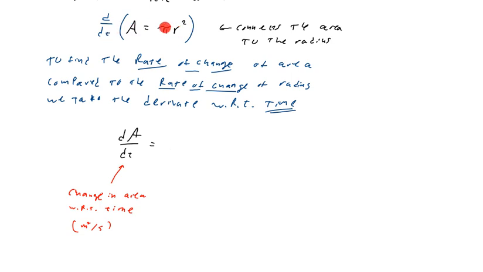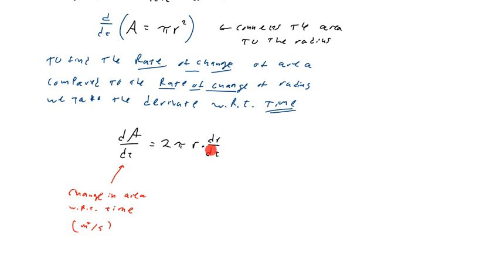So we do the derivative of the whole thing, and we follow the same rules that we do for normal derivatives. We're going to take our power rule, take the 2, bring it in front. It's going to be 2 pi r, right? That's the regular outside derivative, times the rate the radius changes per time, dr/dt.